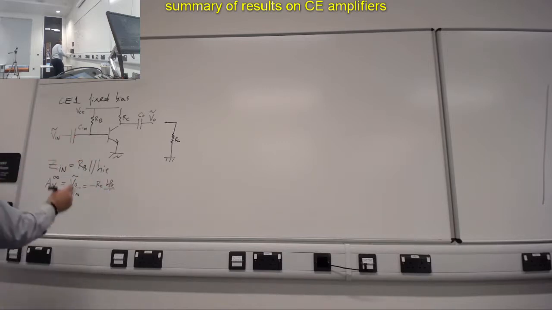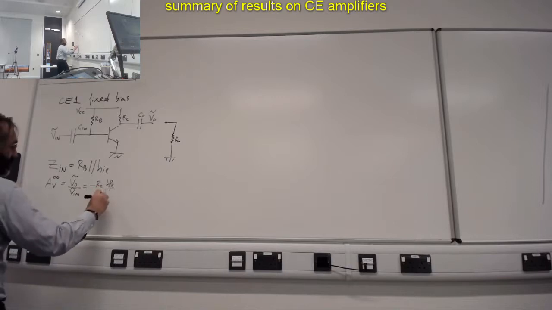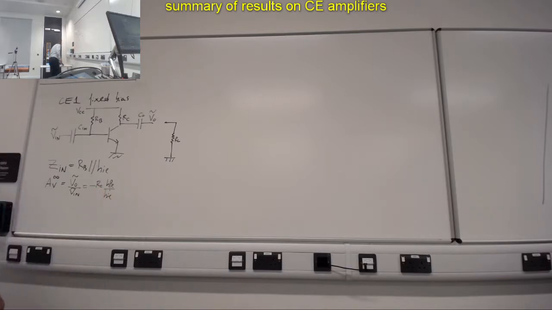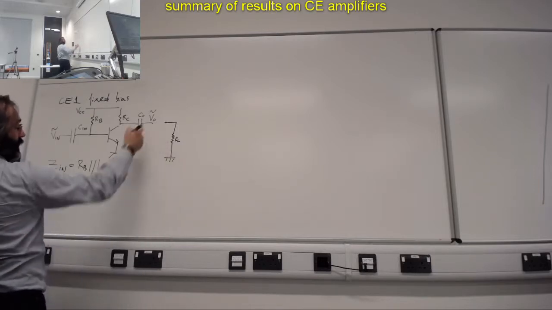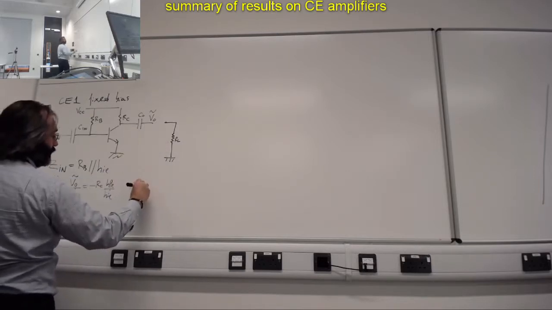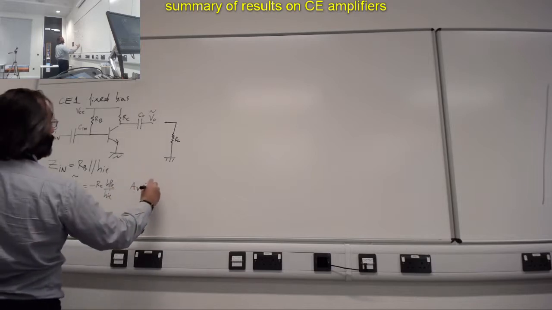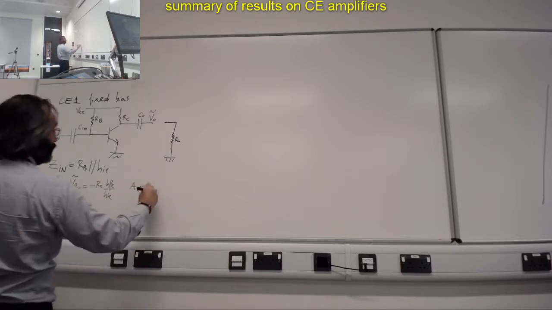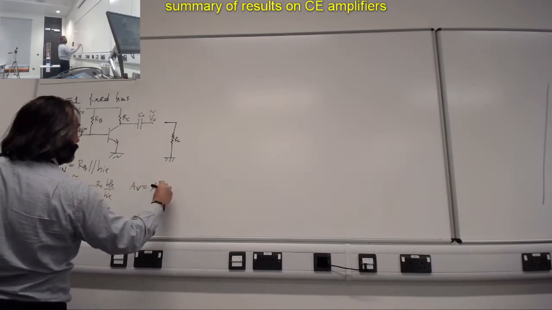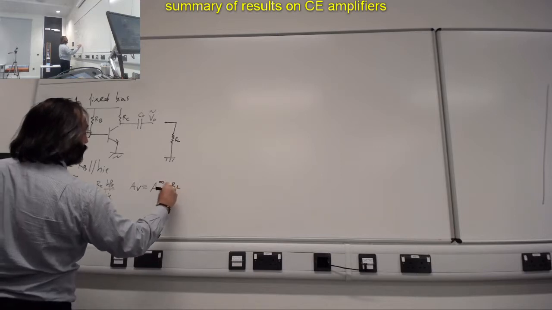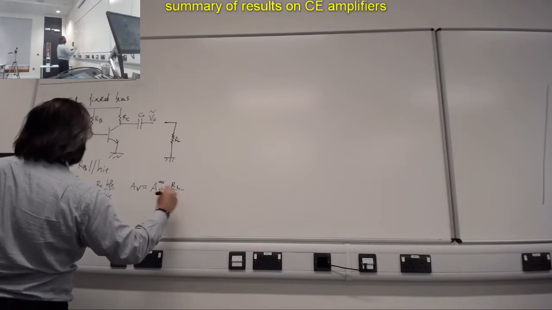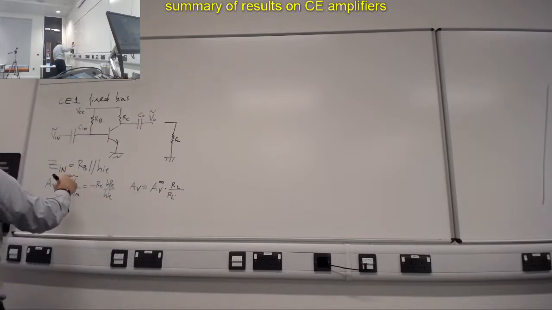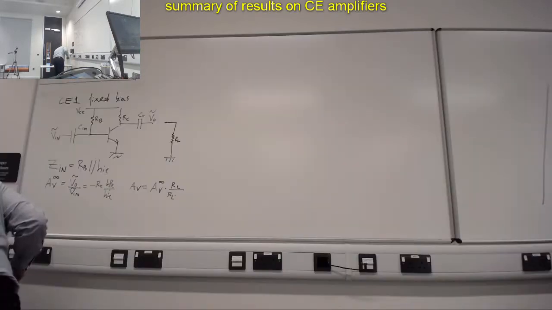If you remember, we've done this discussion last week. And in case you attach a load, the amplification becomes AV infinite times the voltage divider with RL over RL plus RC.